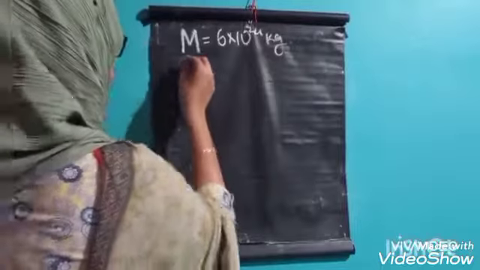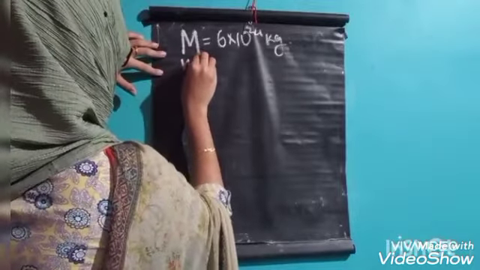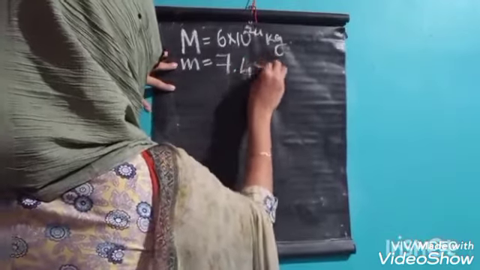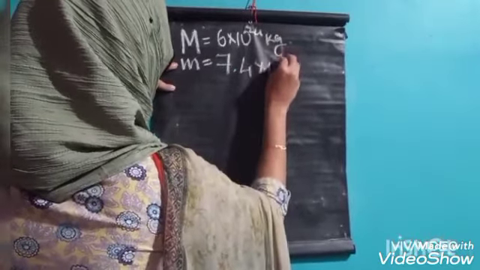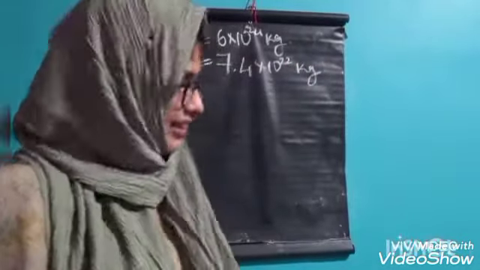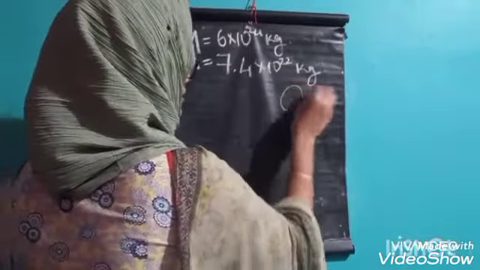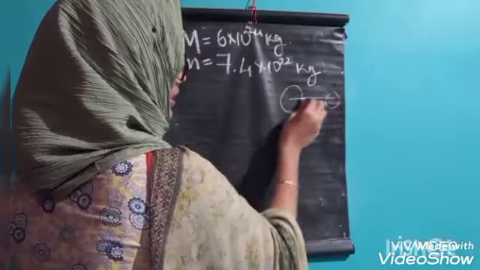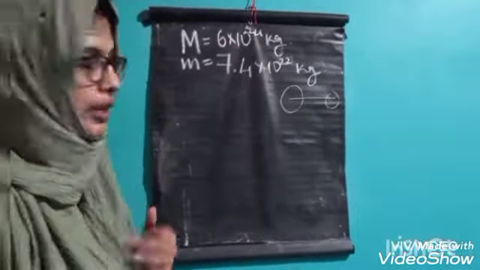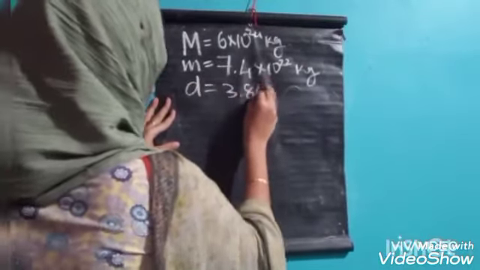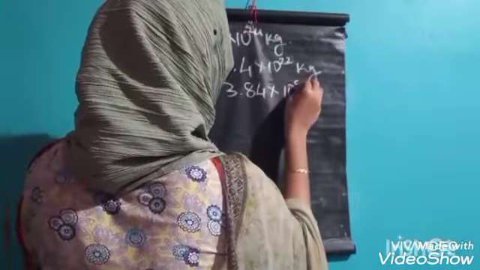The mass of moon can be taken as small m, 7.4 into 10 raised to 22 kilogram. The masses of earth and moon are given, and the distance between the earth and moon is D equal to 3.84 into 10 raised to 5.